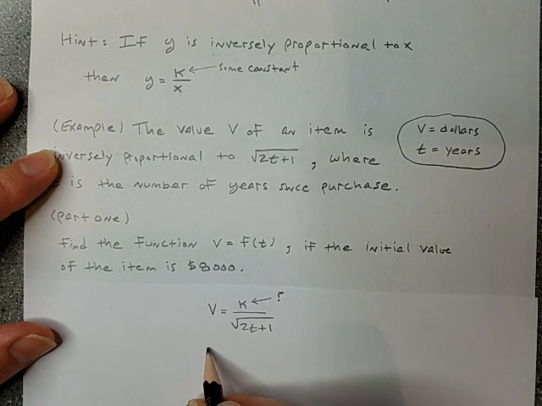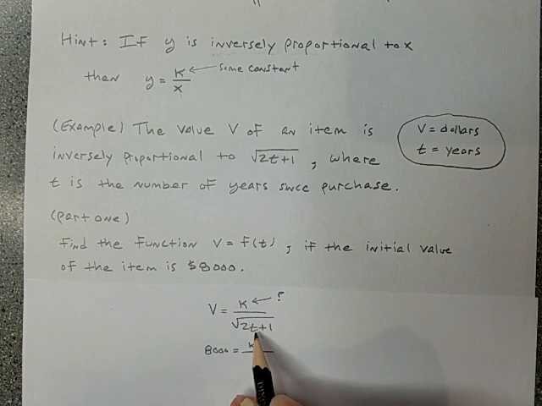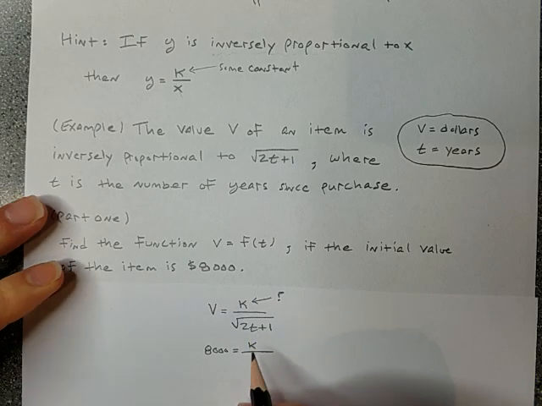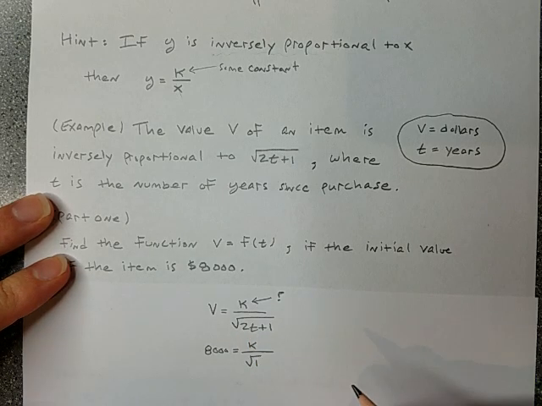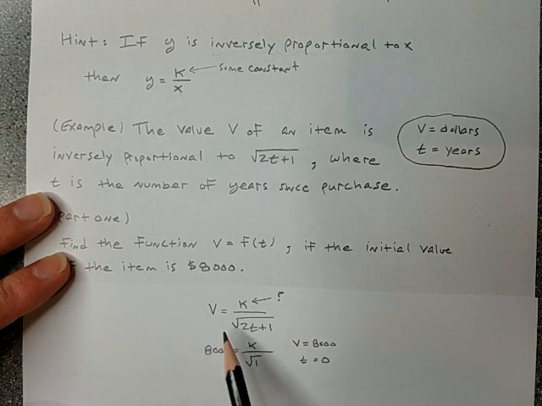So 8,000, that's the value whenever t is 0. All right, now if t is 0, 2 times t is 0, and that's going to look like this down there. Okay, all right, v is 8,000 when t is equal to 0. I put that into my working equation, I end up with this, and that tells me that k is 8,000.